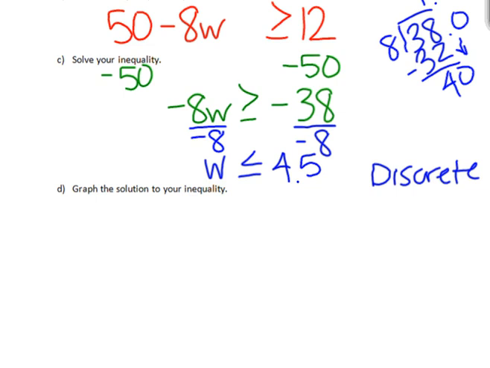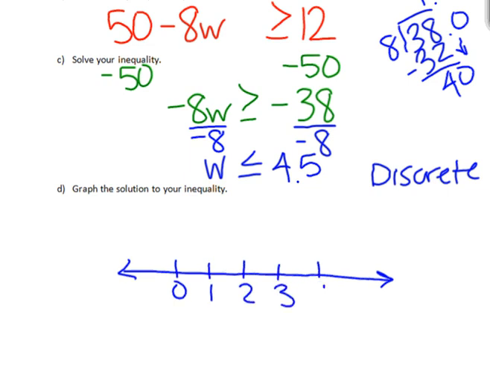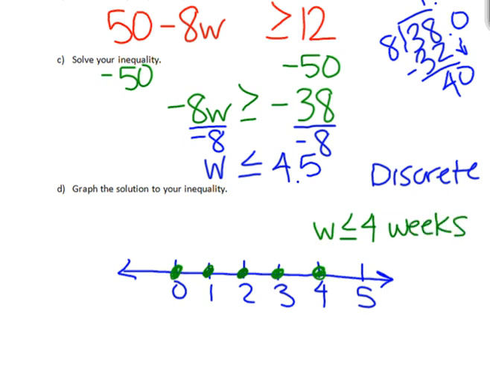So when I draw my graph, I can have 0, 1, 2, 3, 4, 5. So 5 would not work, but 4 would work, 3 would work, 2 would work, 1 would work, and 0 would work. None of the negative numbers would work. So final value, w is less than or equal to 4 weeks, and I'm not going to include the half because we're only talking in terms of full weeks since he's buying 2 per week.